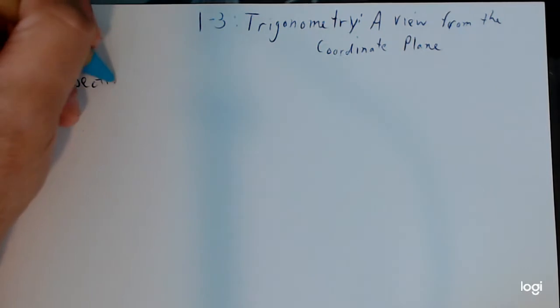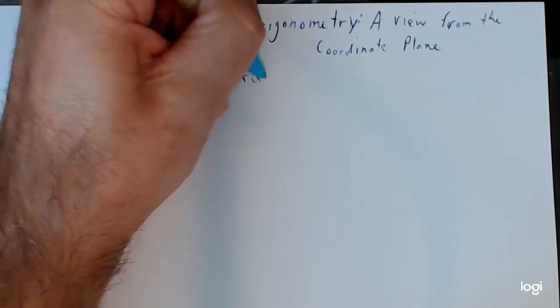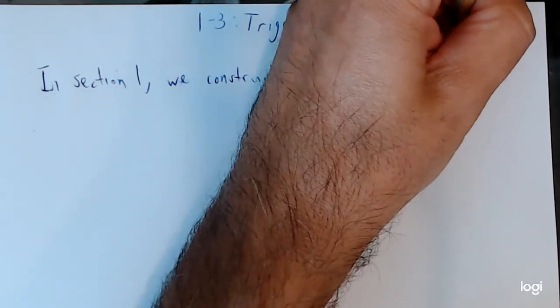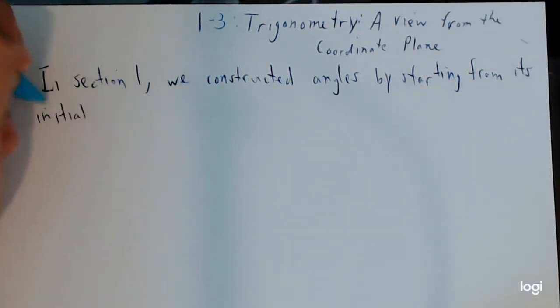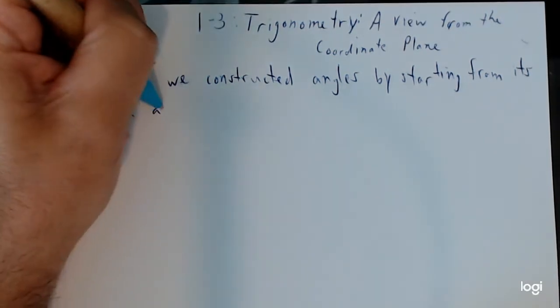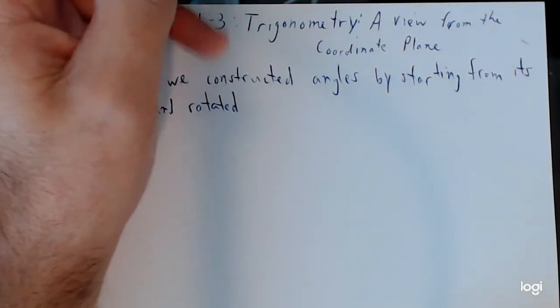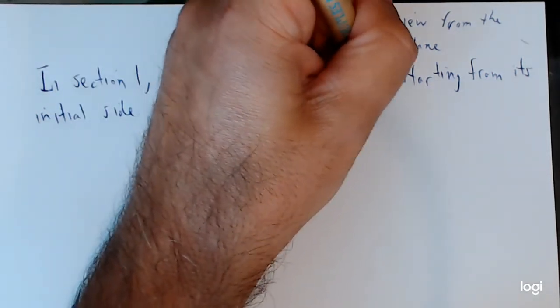So we can make a comment as to section 1. We can say that in section 1, we constructed angles by starting from its initial side and we rotated the angle measure to get to its terminal side.